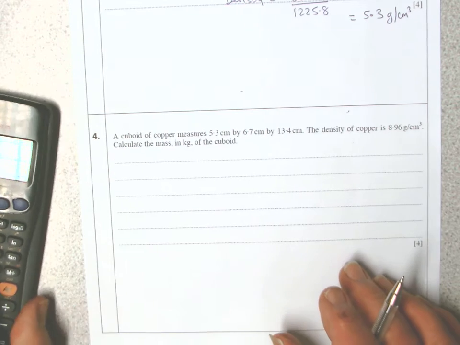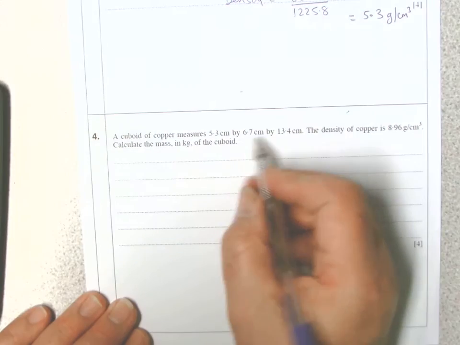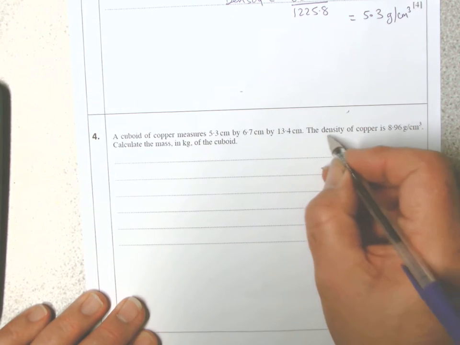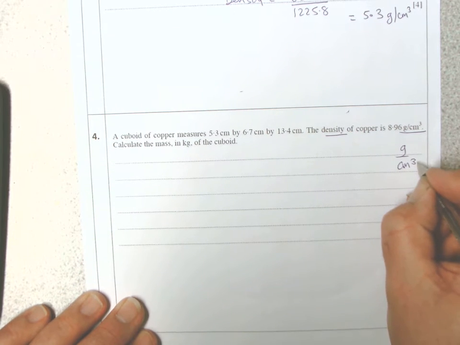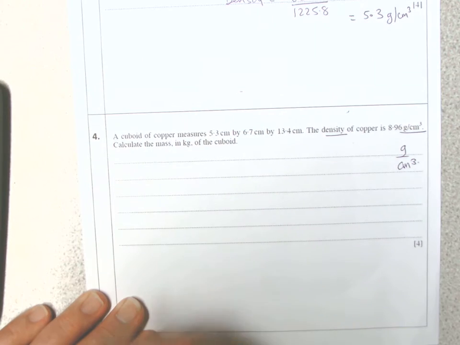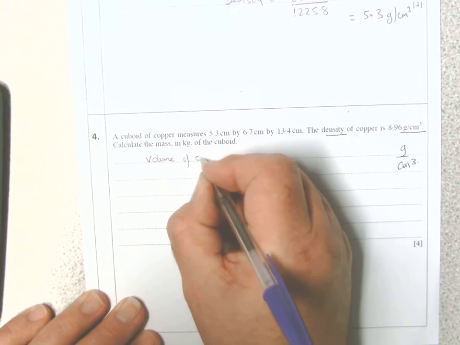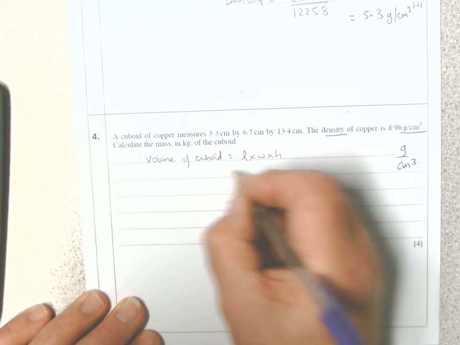Okay, number 4, we've got a cuboid. With the measurements of the cuboid, it gives me the density this time, in grams per cubic centimeter. The cubic centimeter is a measurement of volume. So I find the volume of the cuboid first. The volume of the cuboid is length times width times height.